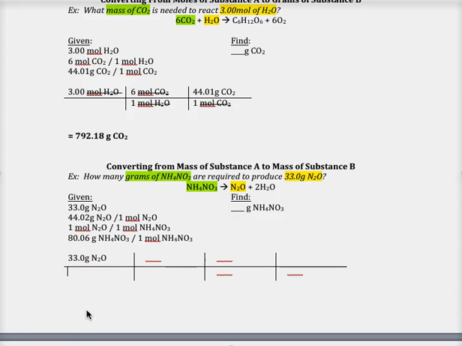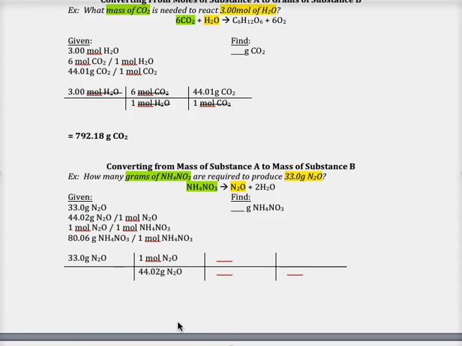I know that I will want this unit to cancel, so I'm going to find another unit of grams of N2O in my list. Here it is, grams of N2O. So that's the number I put on the bottom, the number and unit. It corresponds to the fact that that's the mass of a mole of this substance. So that's what I put on top.